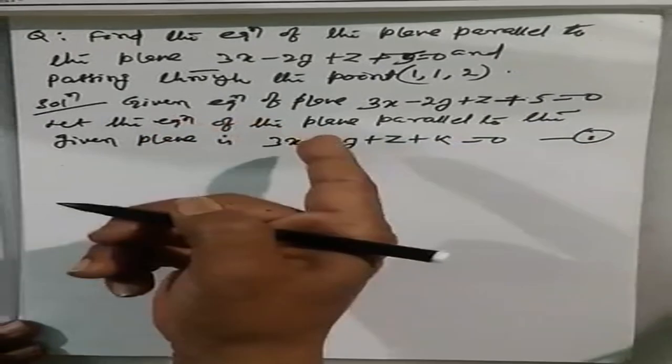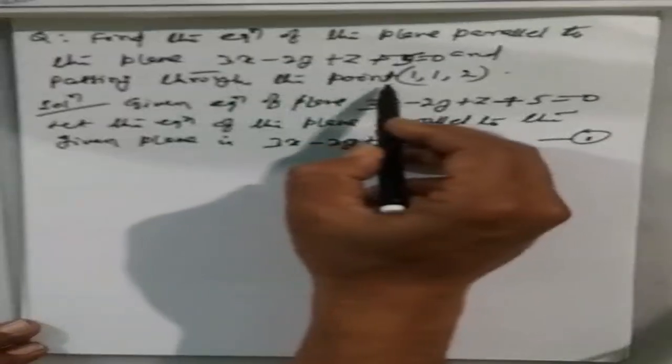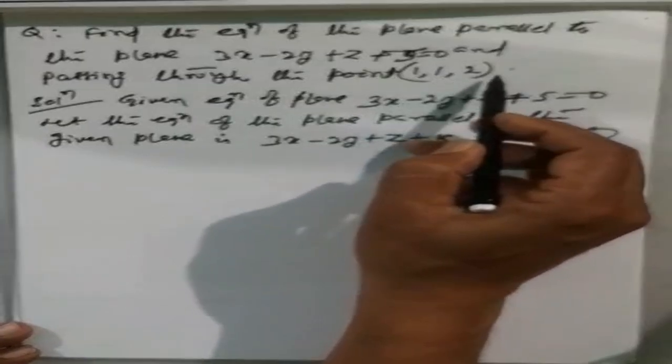Now as per the question, the plane must pass through the point 1, 1, 2.